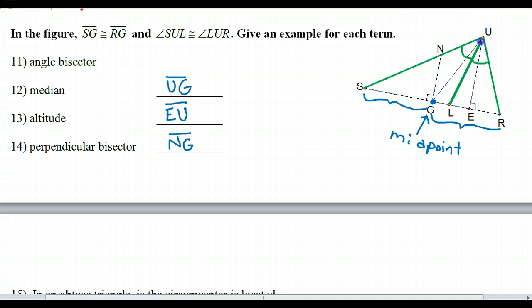Okay, so I'm hoping you're seeing that it's this segment right here. Okay, that is the angle bisector, splitting this angle right down the middle. So that's going to be LU or UL. Okay, so that's how you do 11 through 14.